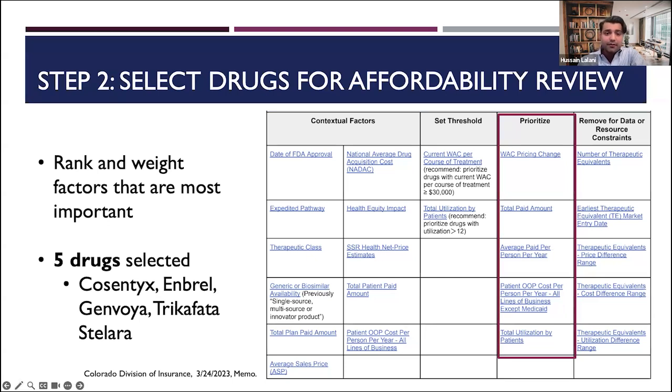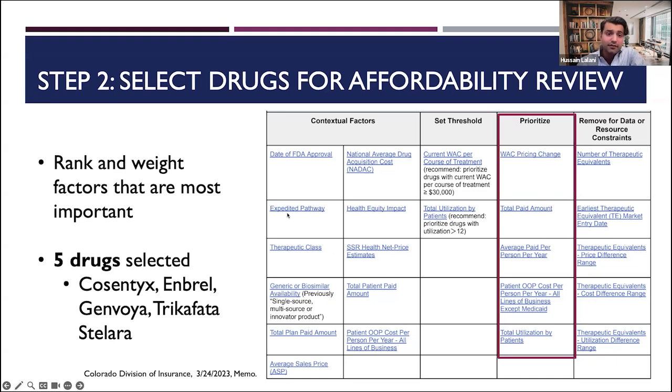So these were the 5 criteria that they prioritized, and you can see them here. This is the total amount that was paid by the state, the average amount that was paid per person per year, the patient out-of-pocket cost, the number of patients that use the drug, and also a metric about how much the price was changing every year.